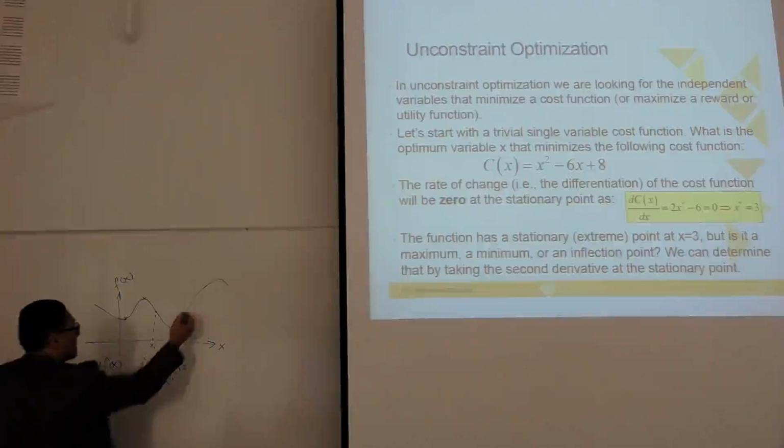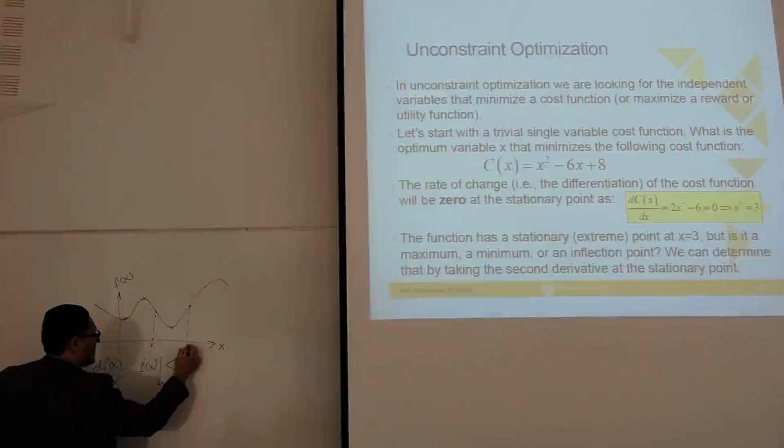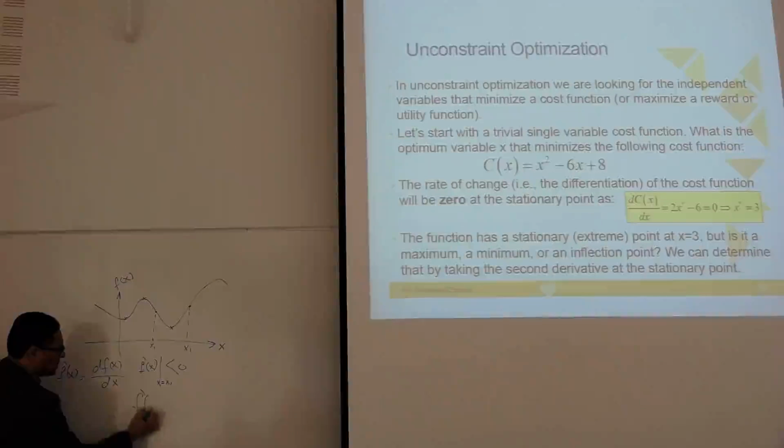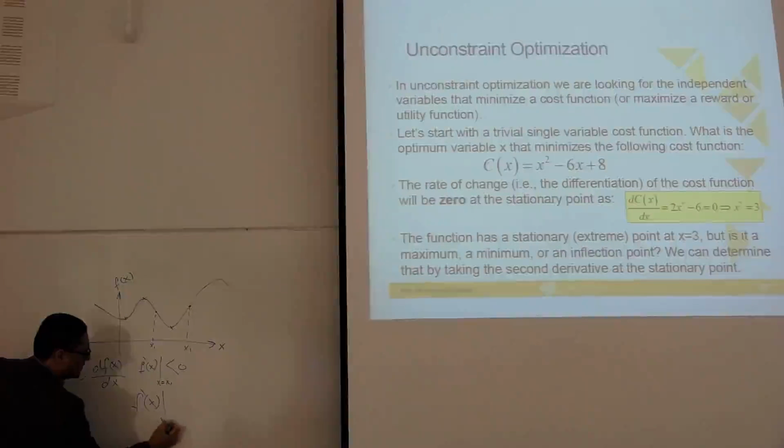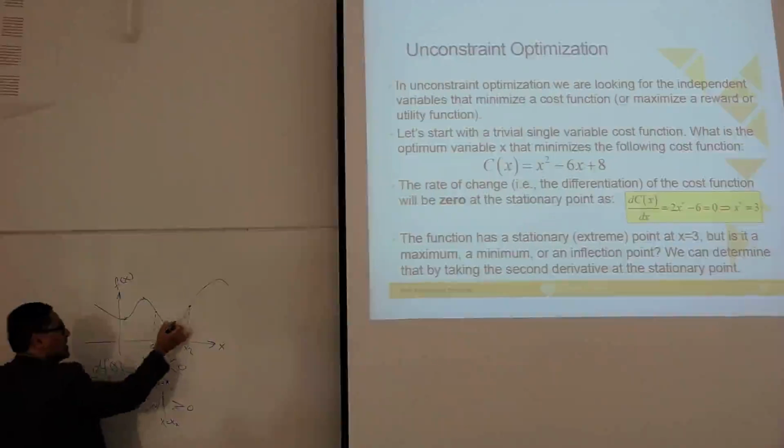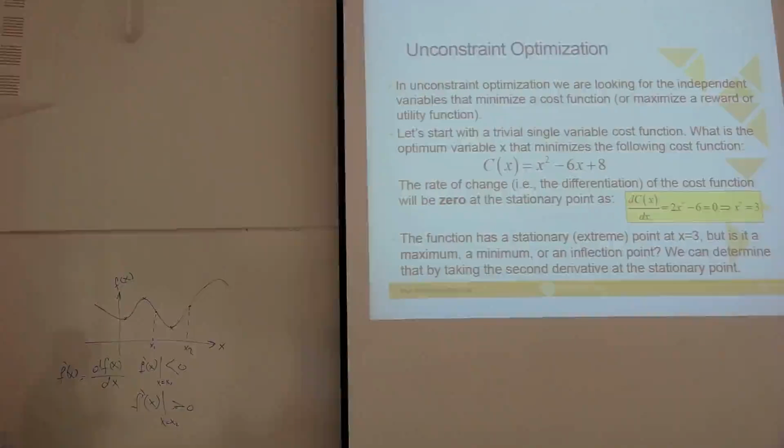If you take the value here, for example, f dash of x at x equal to x2, then it will be greater than 0 because the rate of change is going up. So this is the concept of differentiation.